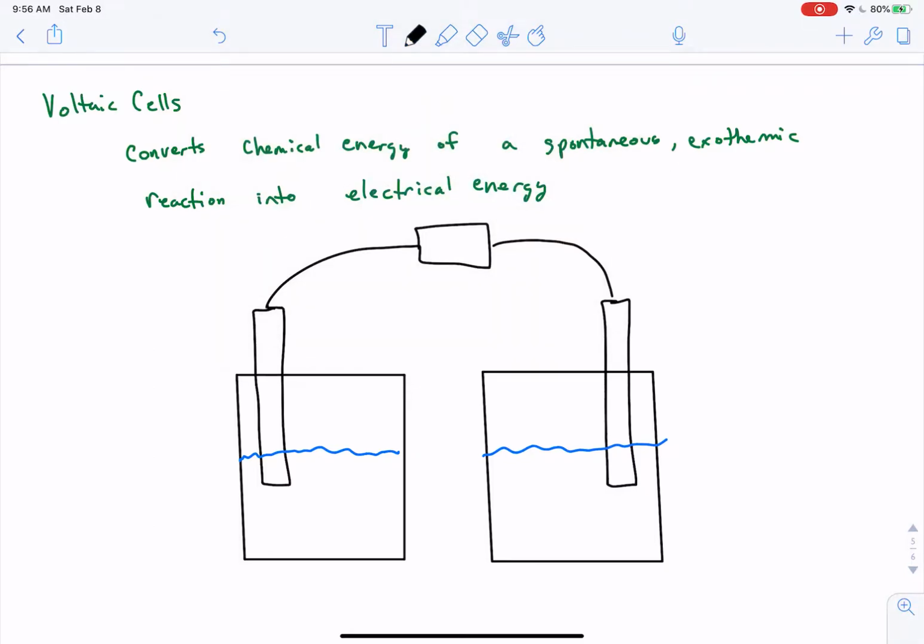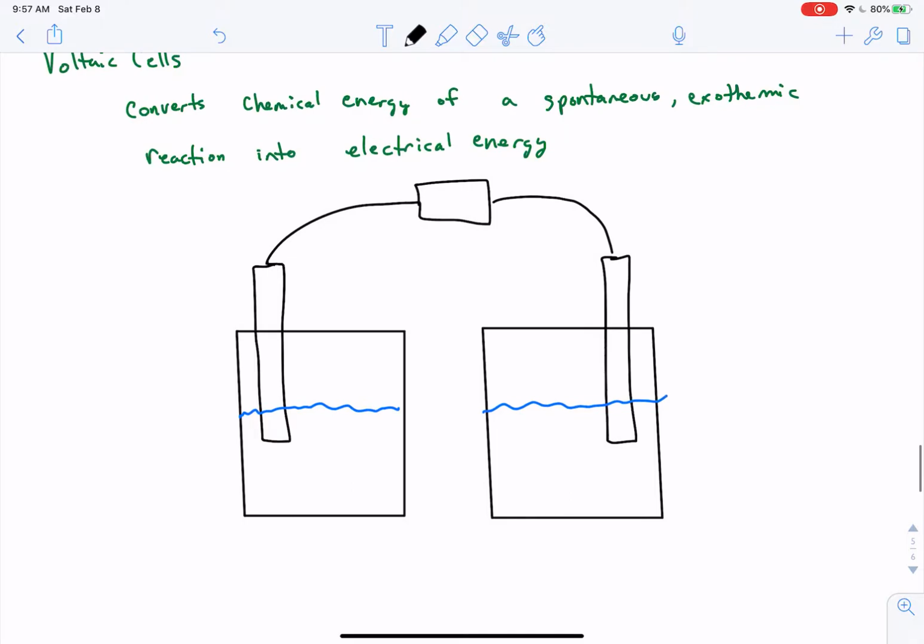And I know something's missing, I'll talk about that later on. These are the main parts that we're going to talk about now for the voltaic cell. Notice we have two half chambers and a wire connecting the different electrodes to each other so that we can collect the electrons as they transfer across.